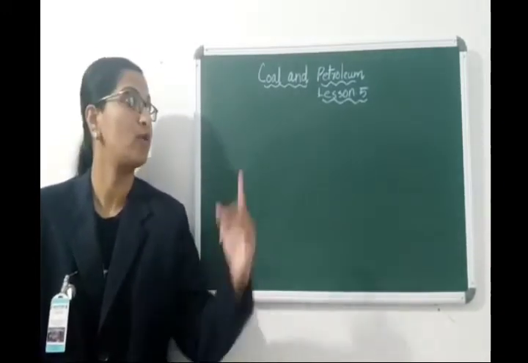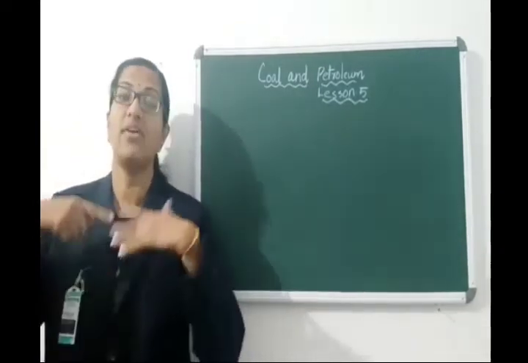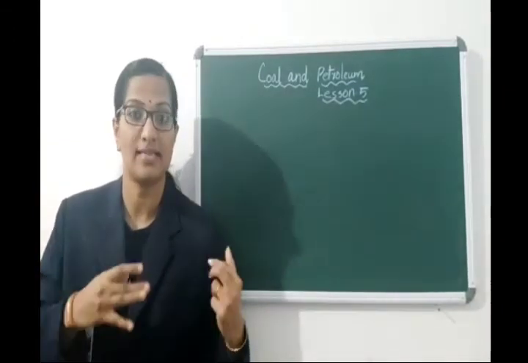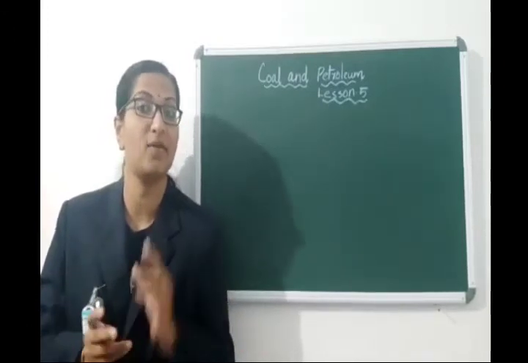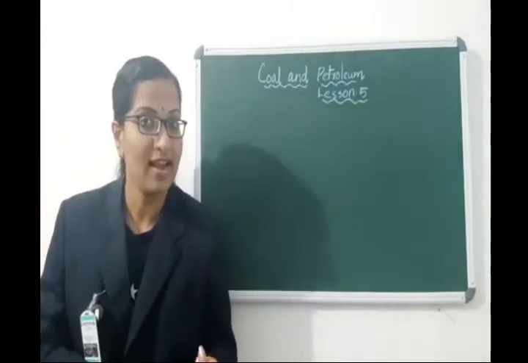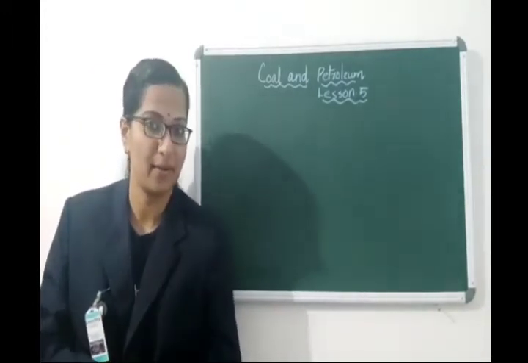Before moving on to the chapter, let me ask you a question. When we talk about anything which is present in the earth, how will you classify it? Whatever substance is there, you can classify them into two. The first classification is natural, and the second is artificial or man-made.